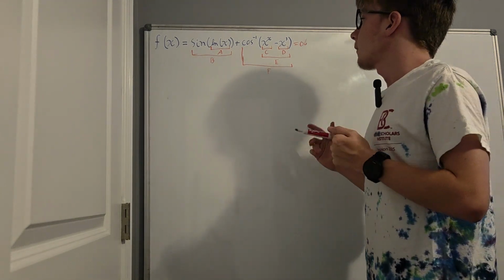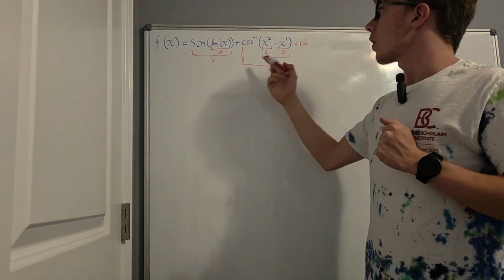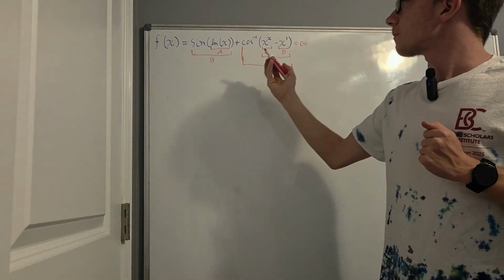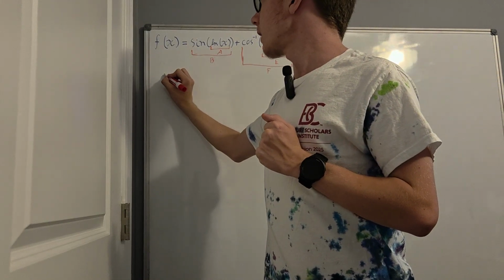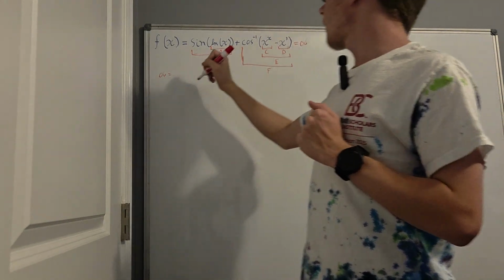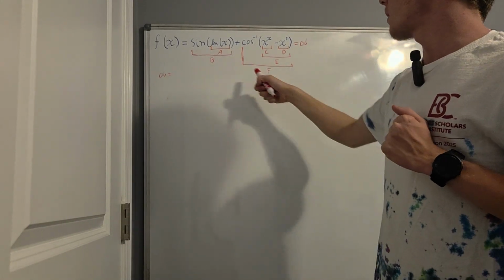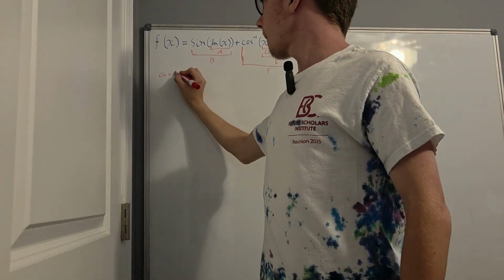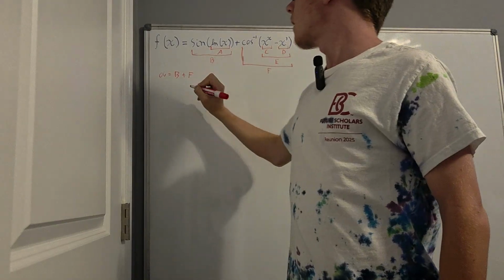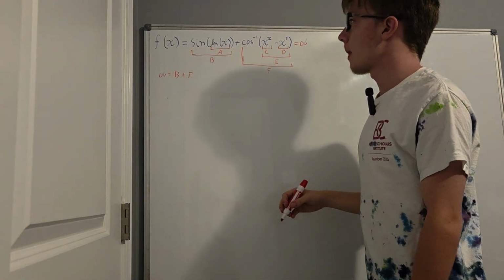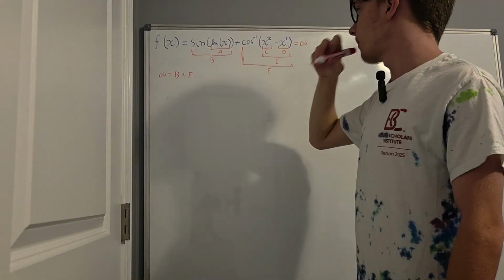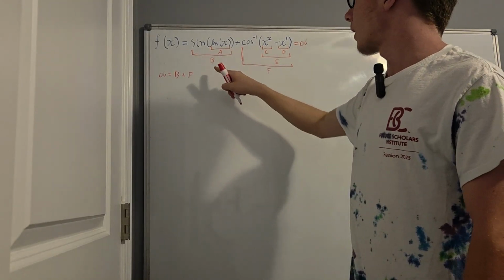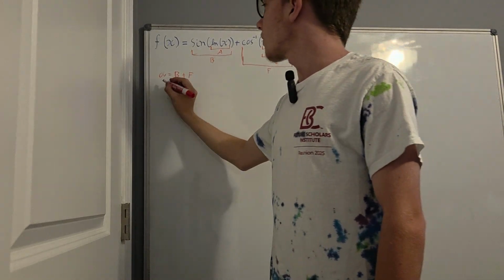Now, what we have here is I'm going to just start with alpha, right? What is alpha equal to? Alpha is equal to b plus f, right? And I'm just going to keep writing these down. But yeah, I'll just keep going. And let's start with b. What is b equal to?